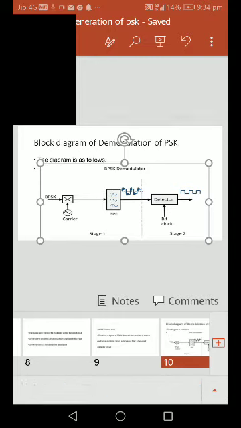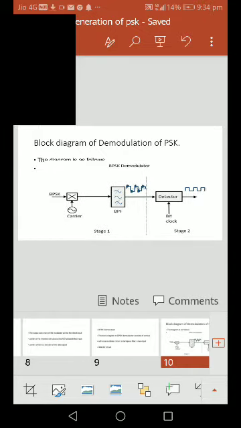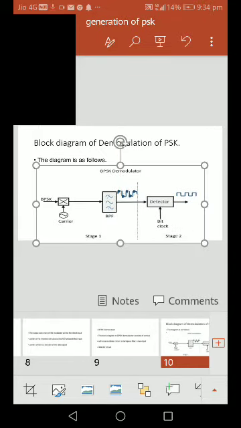The block diagram of the BPSK demodulator: the binary phase shift keyed signal with carrier goes through a band pass filter and a detector. We have to demodulate the high frequency carrier.